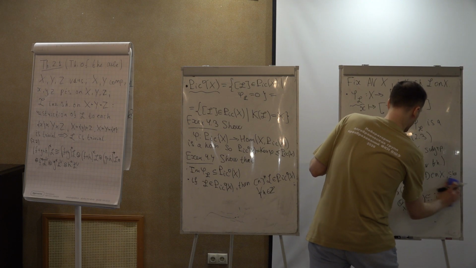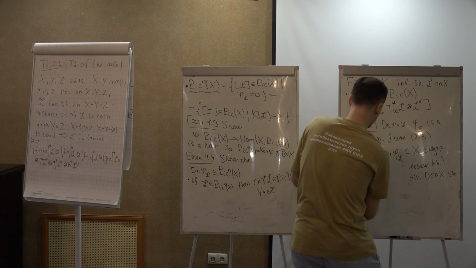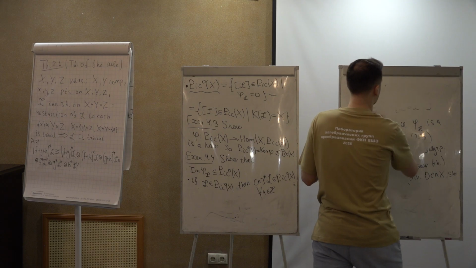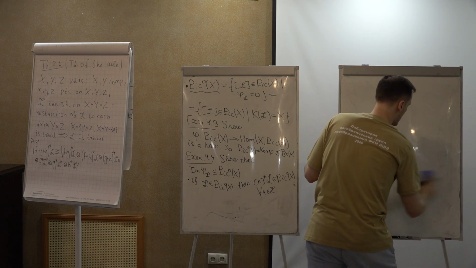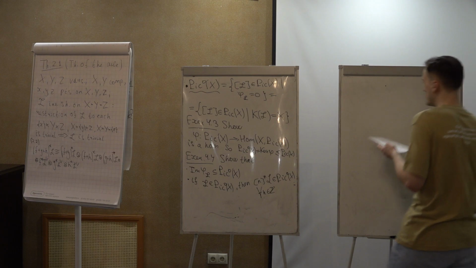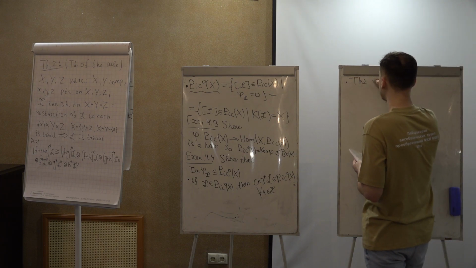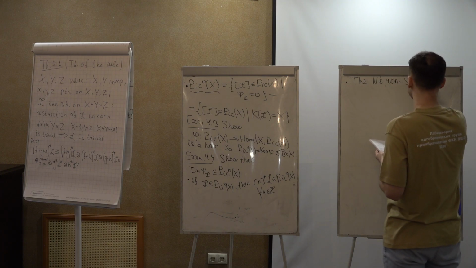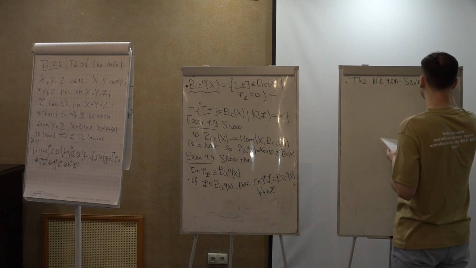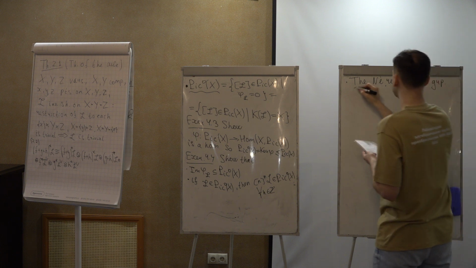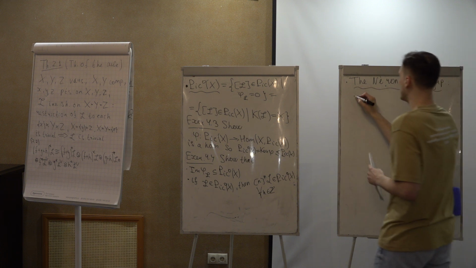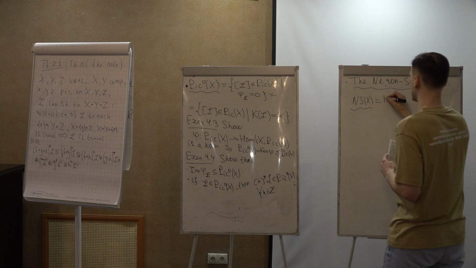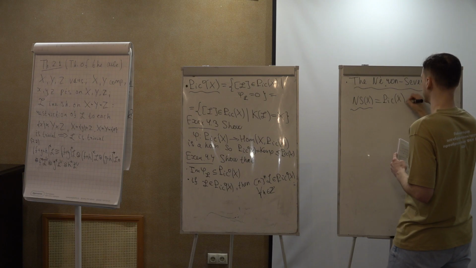And another thing I want to mention here, which we will not use, but I think it has to be mentioned, the Néron-Severi group. So NS of X is just this quotient Pic by Pic 0.